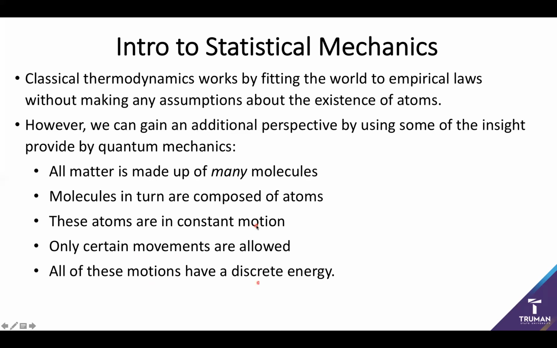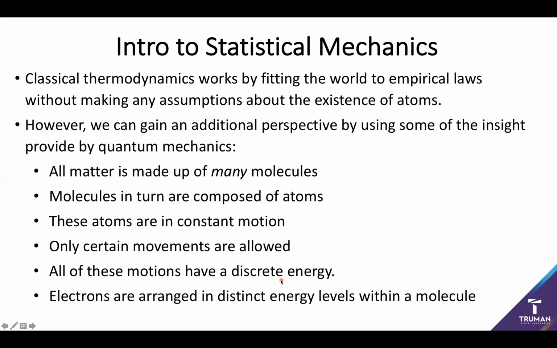So all of these motions are going to be divided into discrete energy levels. And these discrete energy levels are going to throw things a little bit off when we're trying to determine the behavior of a system, especially when we account that we also are going to have certain degrees of electron arrangements or movements. And these are also going to be divided into distinct energy levels.